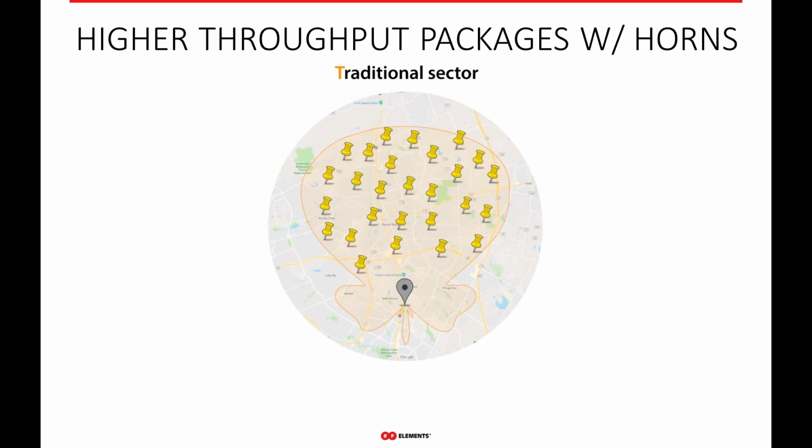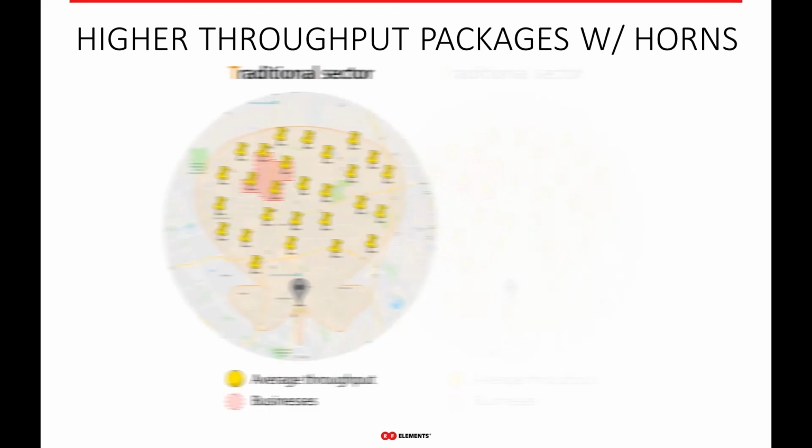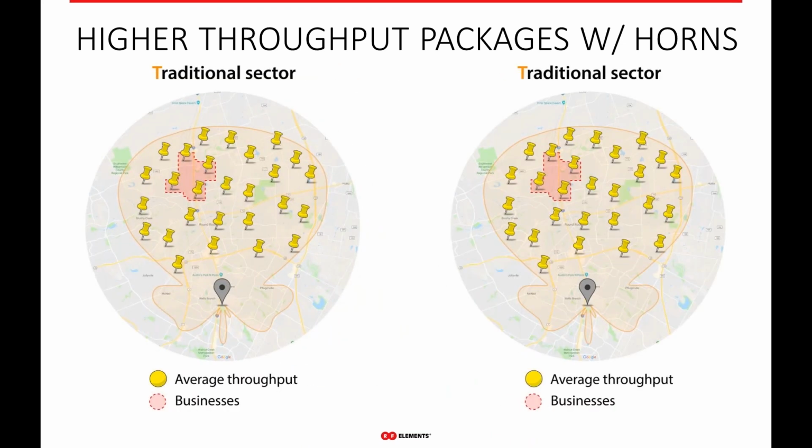Potentially selling higher throughput packages with horns. Again, this is something that's very common. You may have an area of town where there are businesses, or maybe you just have some particular customers that happen to be close to each other that want higher throughput packages. You can use horn antennas in the same way to spot beam those particular customers and offload them. Maybe these customers have SLAs with their service, right? It's not your standard residential best effort type device.